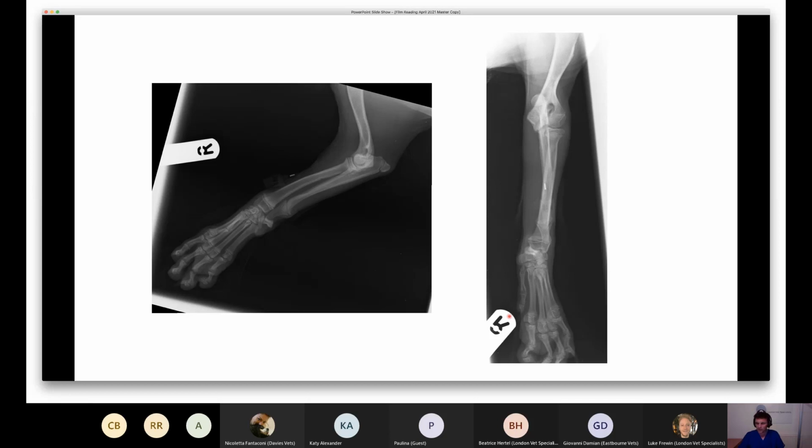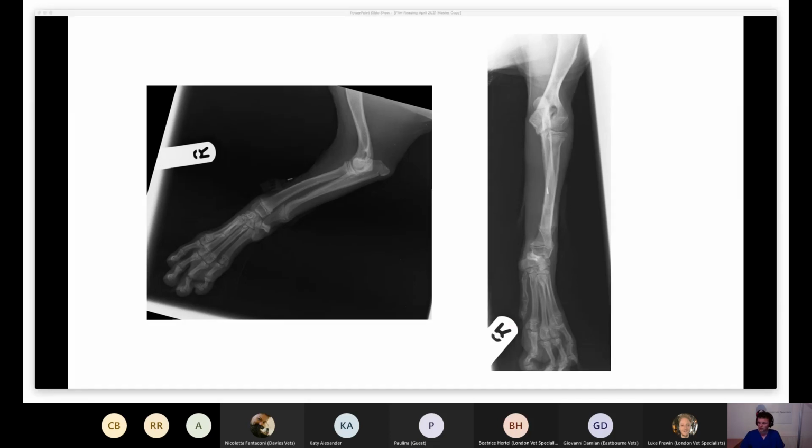So yeah, anybody feeling in an orthopedic mood this evening? And this is kind of a fun case. Nobody feeling particularly orthopedic.